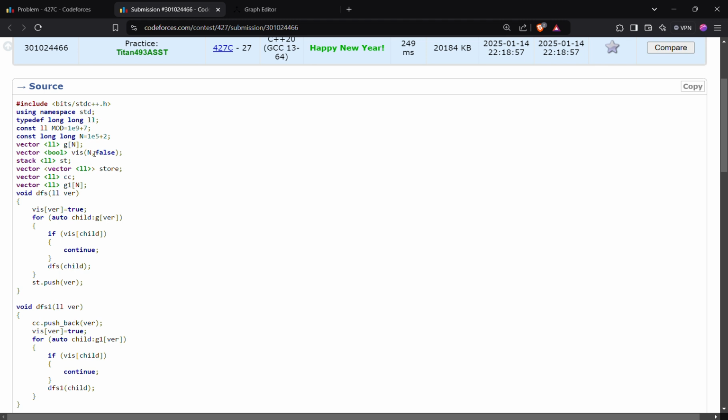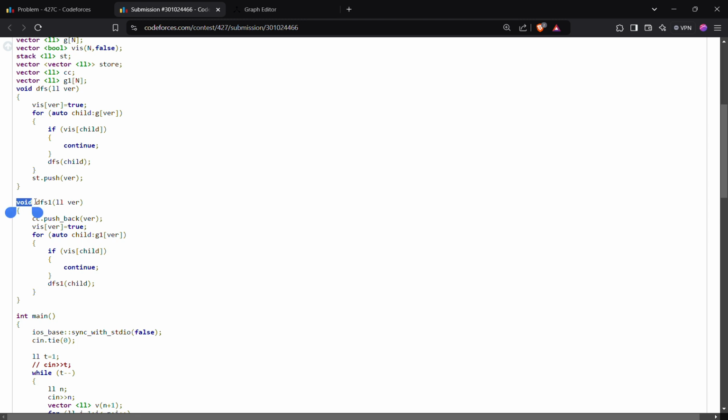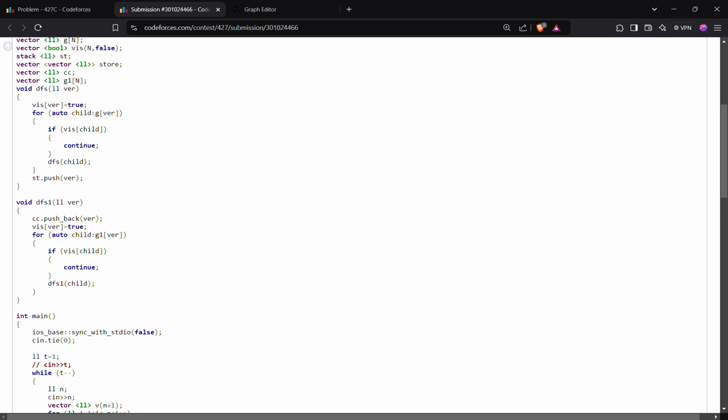And the visited array, first initializing it with false, and this is the stack for our first kind of DFS, and this vector store will store the strongly connected components. This DFS1 is for the second type of DFS, which will run on the inverted graph.